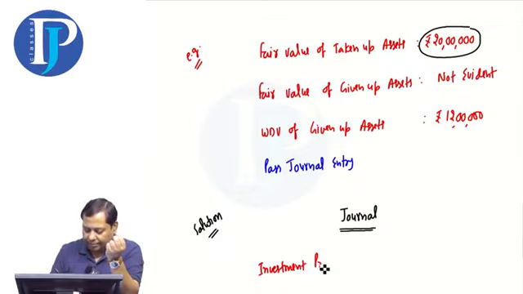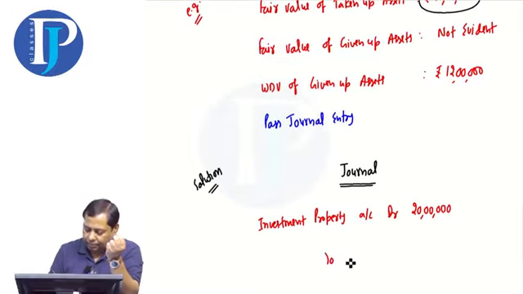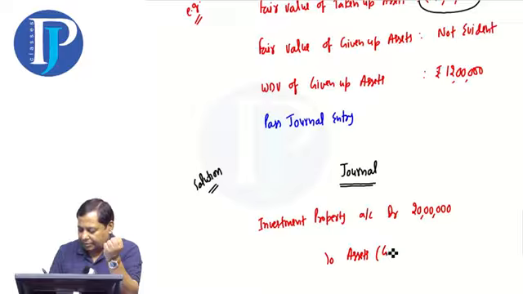Investment property account debited by 20 lakh rupees, to assets, WDV of the given up assets which we are derecognizing, hence the assets that you have transferred, 12 lakh rupees.